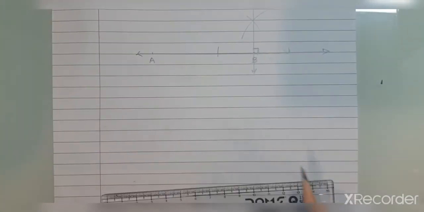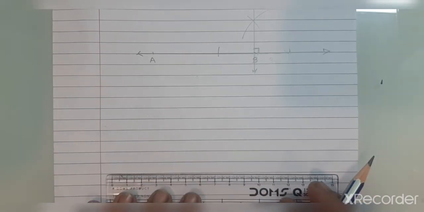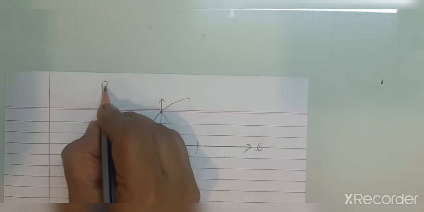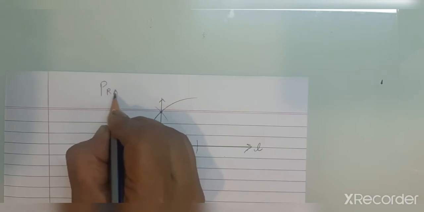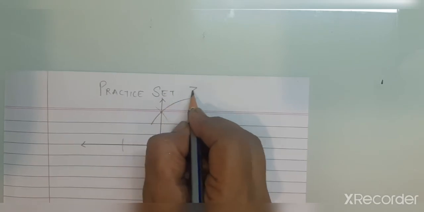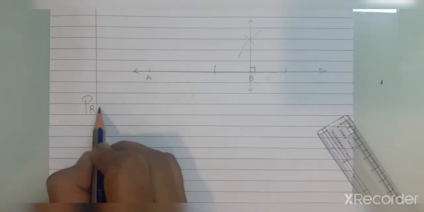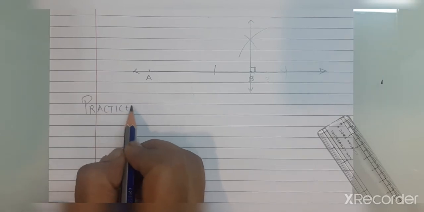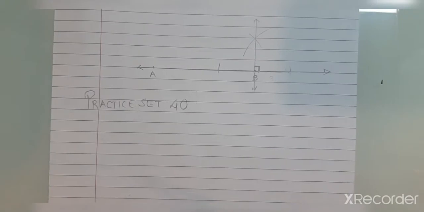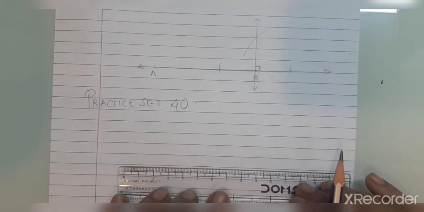The first sum from practice set 40. These were the two sums which were from practice set 39. Okay. And now practice set 40. Okay, so what is the sum?